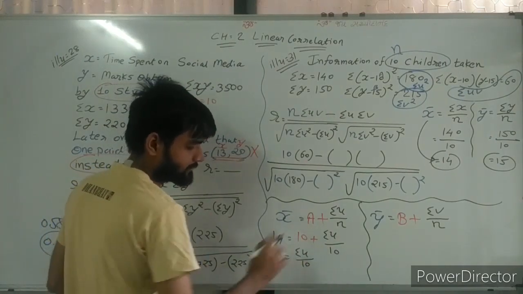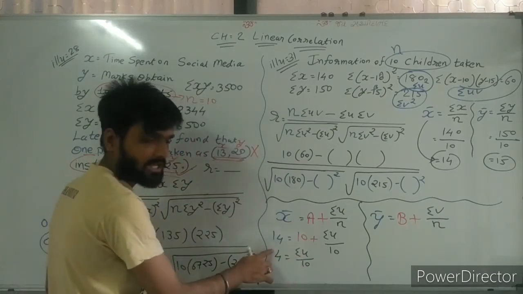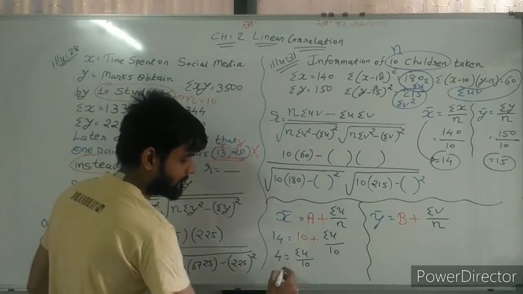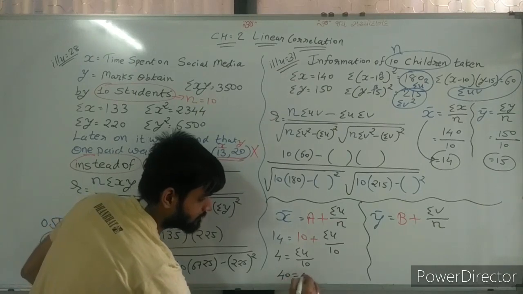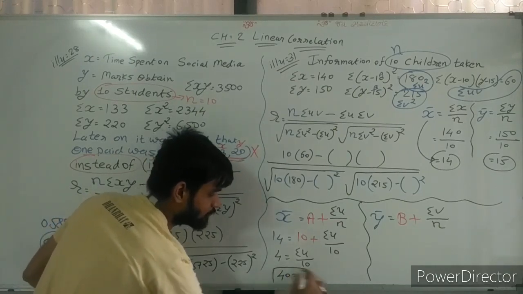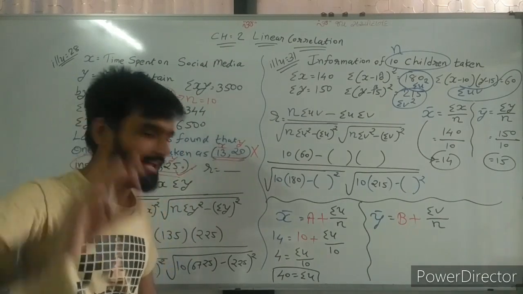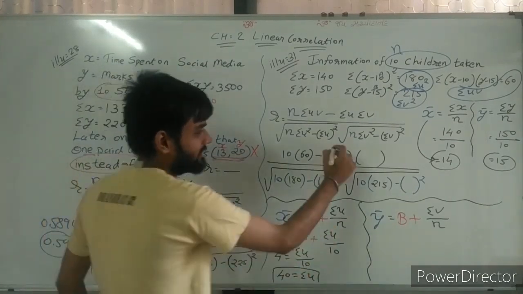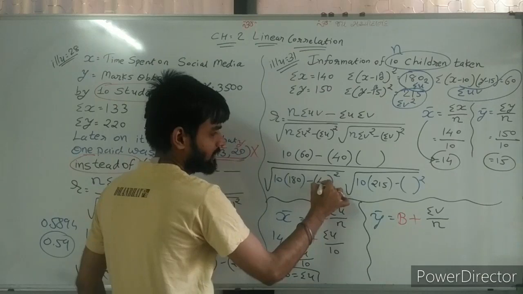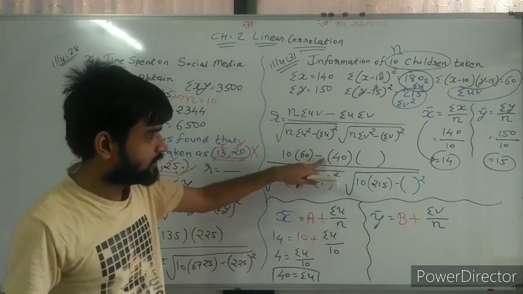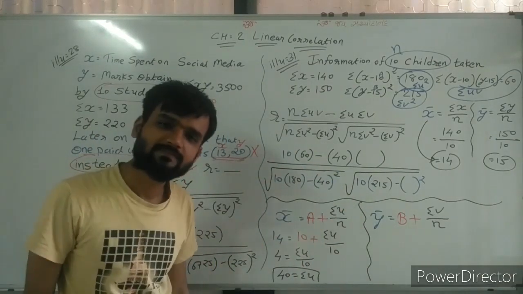Sigma u divided by 10. Now this 10 is multiplied with 4. 10 4s are 40. Sigma u is 40. Now I have the value of sigma u, so I can write 40 here, and here also 40 for sigma u whole square.